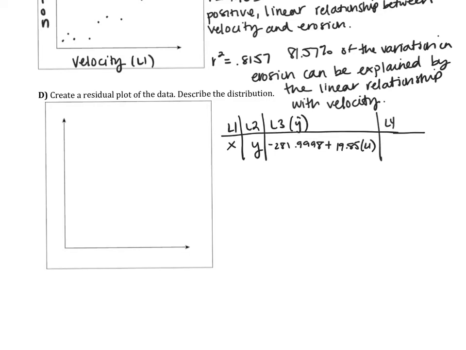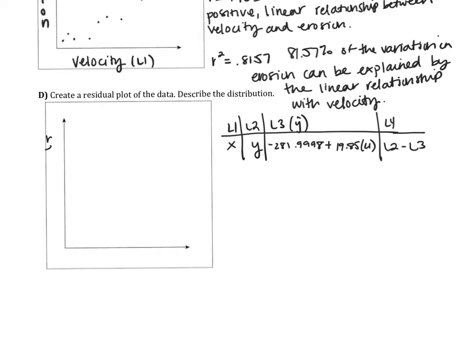And in list 4, I'm going to want to find those residuals, which is my y values minus my y hat values. And so list 4, I'm going to take list 2 and subtract list 3. And those will be my residuals.